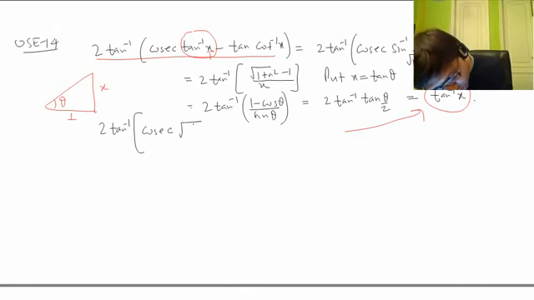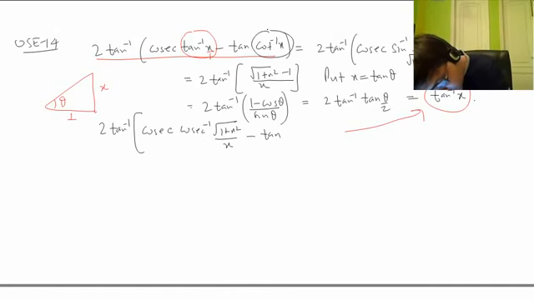Hypotenuse is root of 1 plus x square. So we say cosec inverse of root of 1 plus x square over perpendicular x. I have written this. Minus tan, we can write cot inverse x, and cot inverse x is written as tan inverse 1 by x.